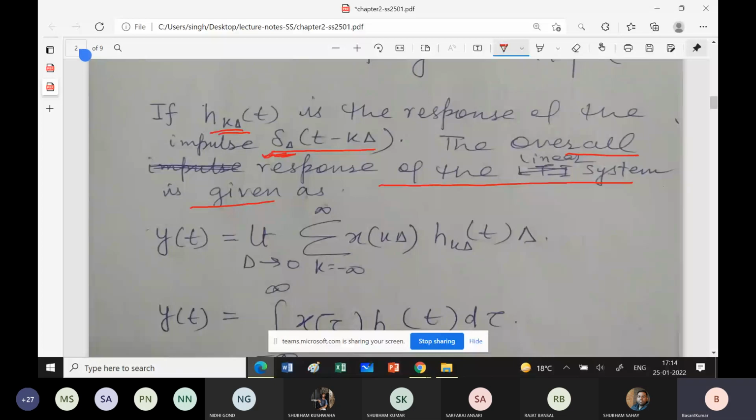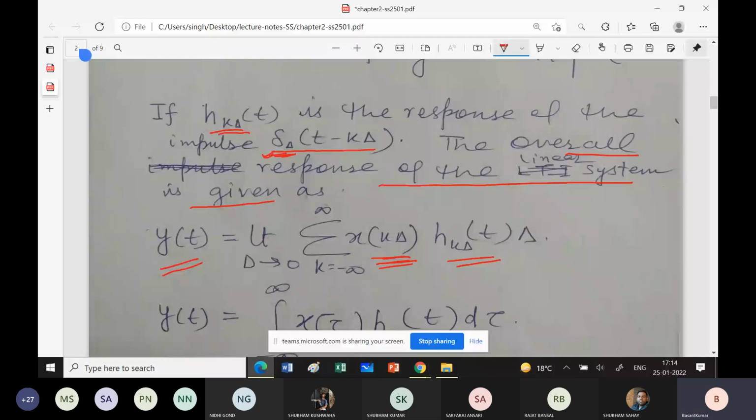So what you can do now, you want to find out the overall response. The overall response will be the summation of all responses. What we have seen is that all responses will be multiplied by the scaling factor. So this is the magnitude, this is the scaling factor, and you can get the overall response y(t).